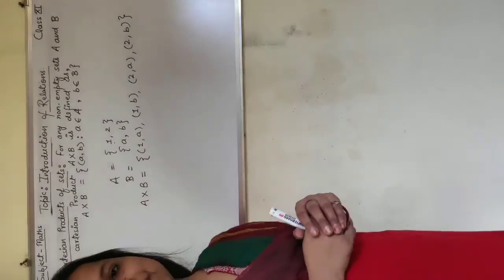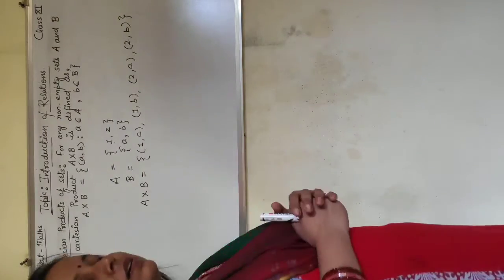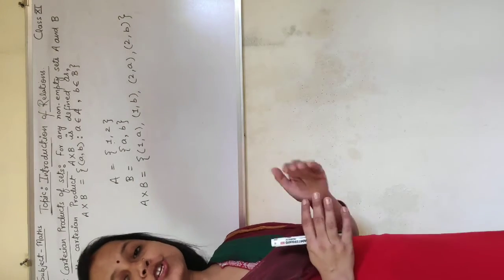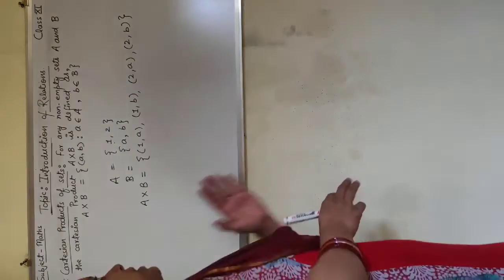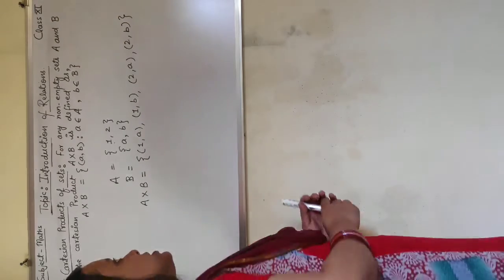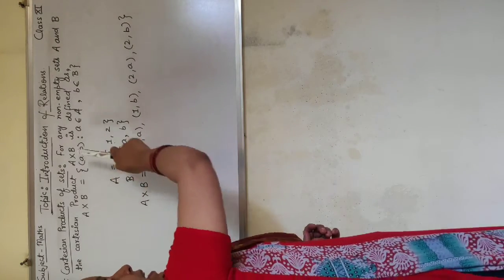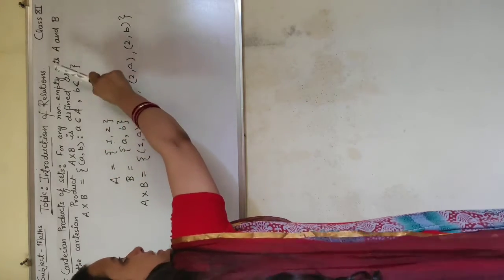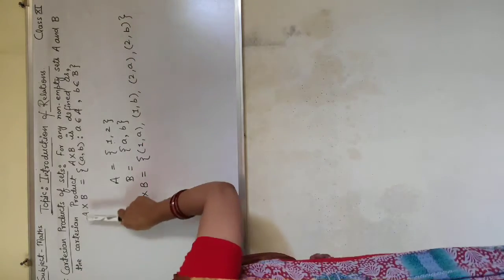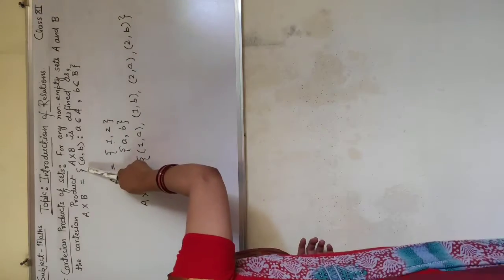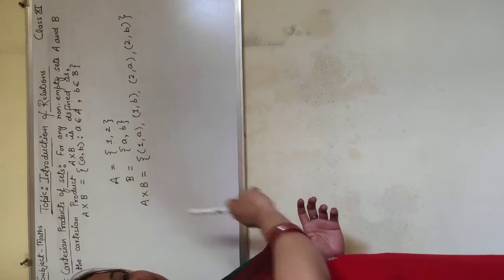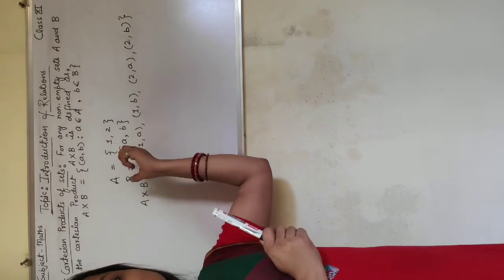Now this was one example only. But before that, I would like to tell you the definition. What is the Cartesian product of any given sets? So let's see the definition first. The definition says that for any non-empty sets A and B, the Cartesian product A × B is defined as the set of (a, b), where (a, b) is written in the form of an ordered pair.